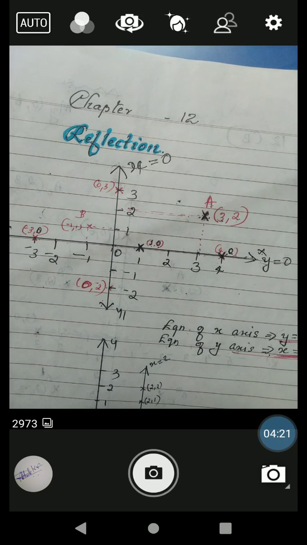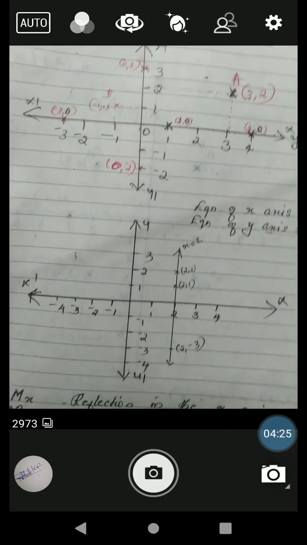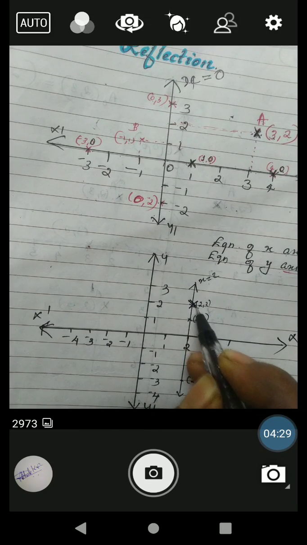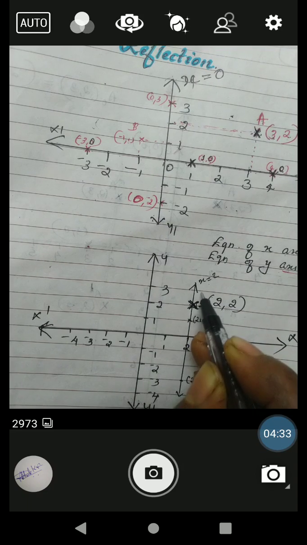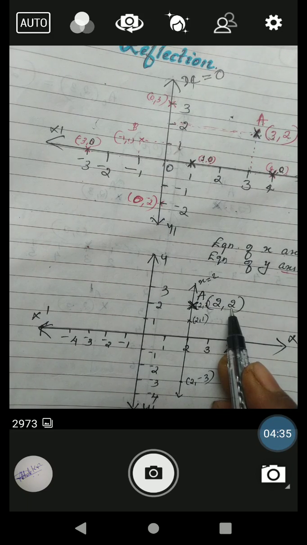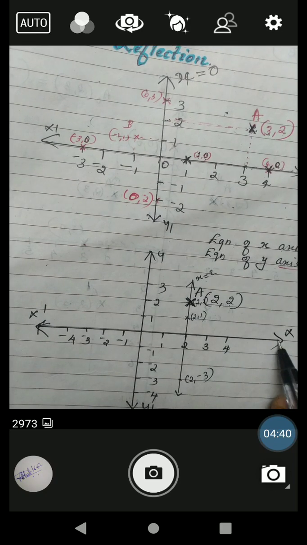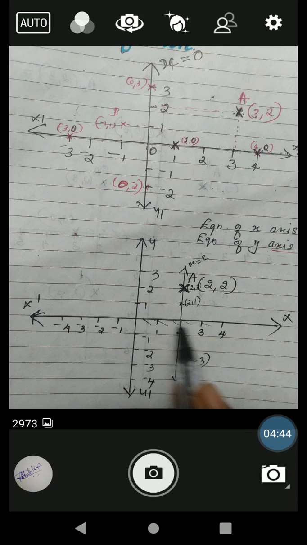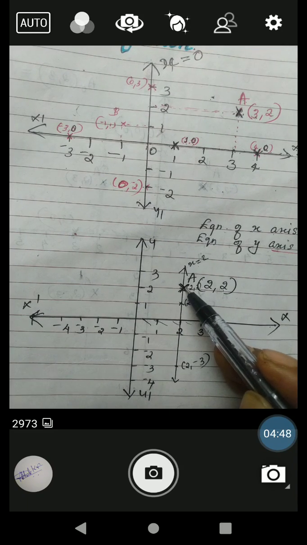Now you can see here this point. Point A is (2, 2). We can reflect this point on the x-axis. This is the x-axis. Consider it as the mirror. So the image of A is formed where?